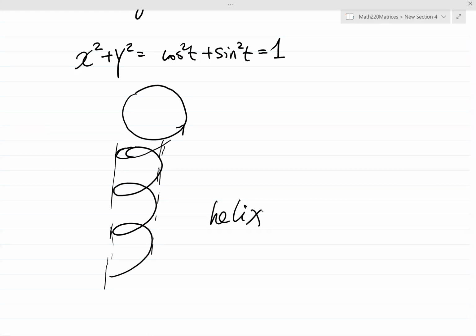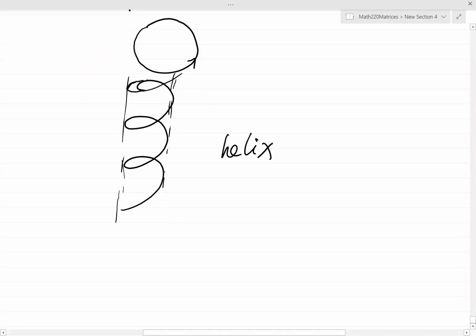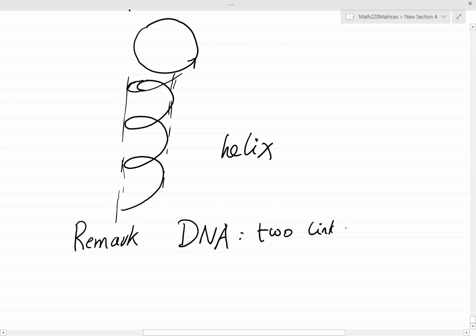Okay, just a remark. We actually have this kind of thing in nature. For instance, the DNA model has two linked helices, discovered by Watson and Francis Crick.